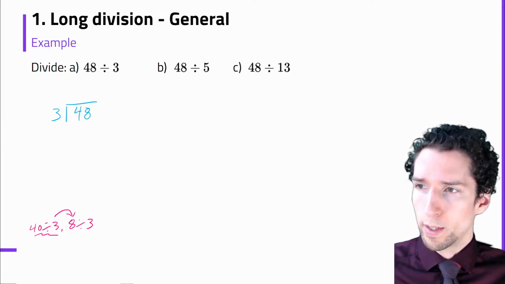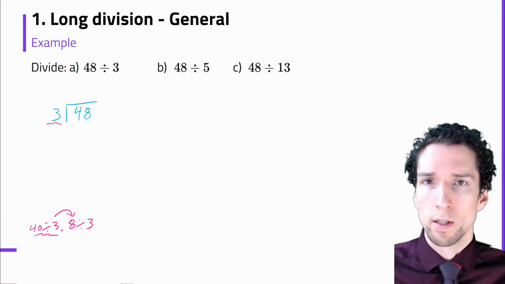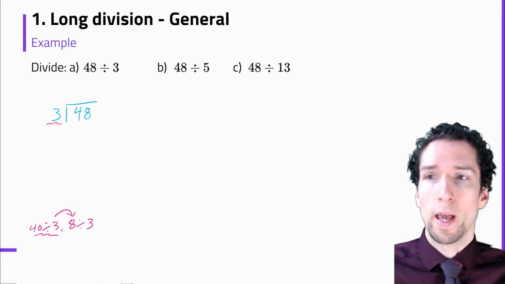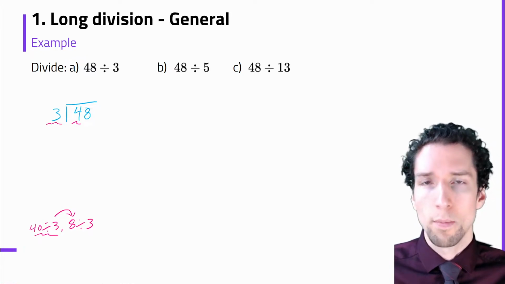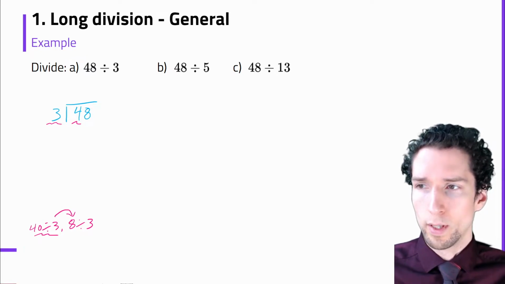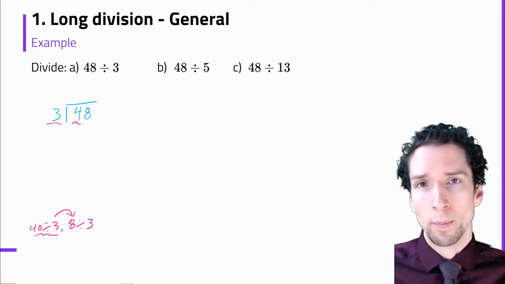Anyway, our process here: take our number and divide into the smallest possible part that we have. So can 3 divide 4? Is 3 smaller than 4, basically? Can it go into 4? Yes, it can. How many times?